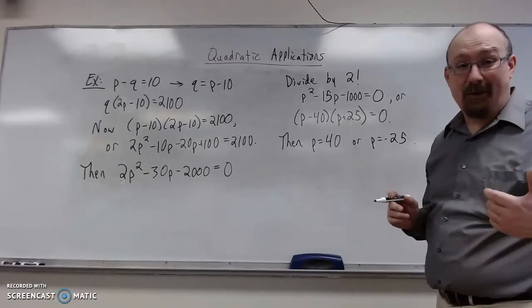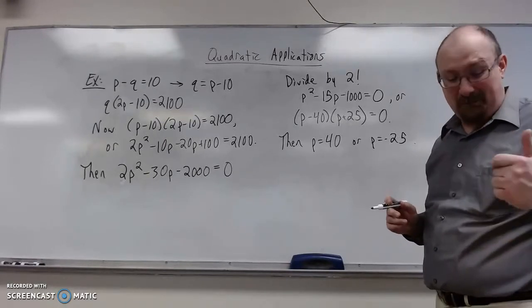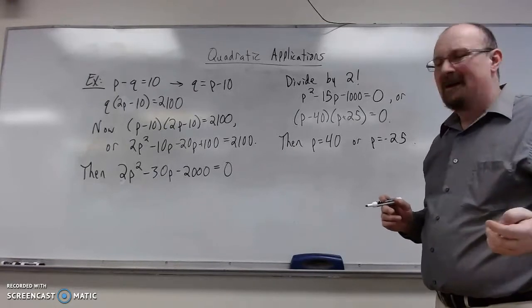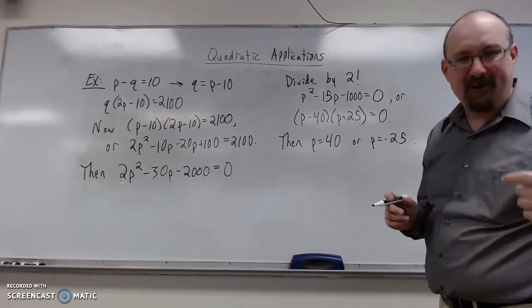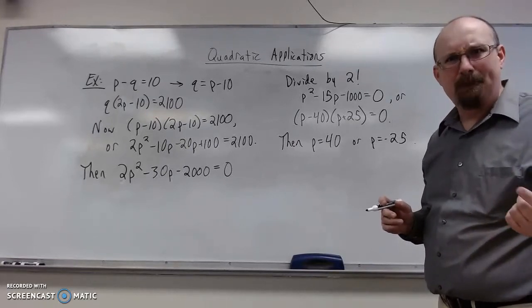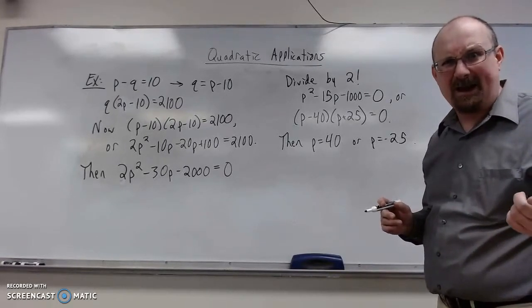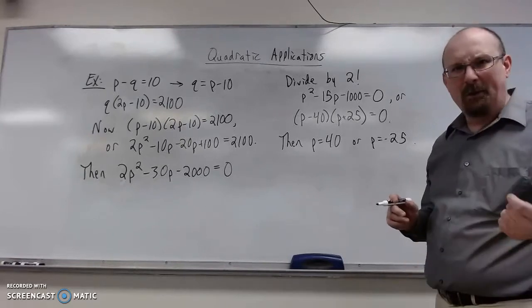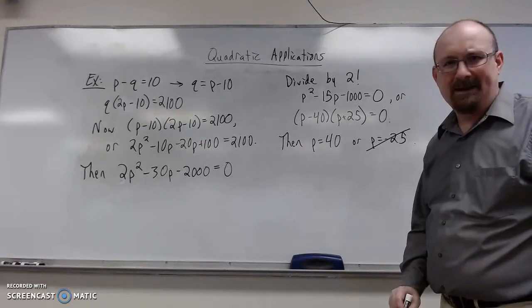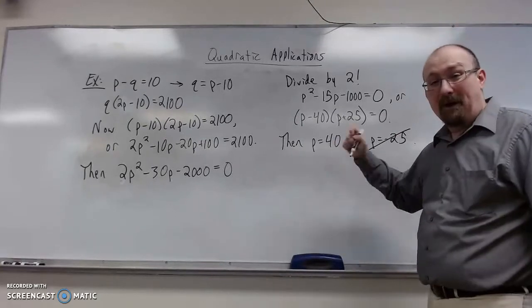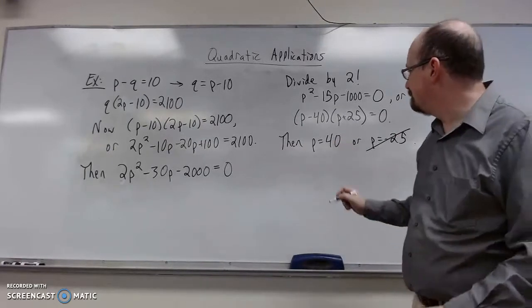So if you look back at the directions for this particular problem, it specifically points out that we focus only on non-negative values. Yeah, it allows them to be 0. Again, not terribly likely in an actual market situation, but we don't want a negative price or a negative quantity. So that one's goofy. We throw it out. So our equilibrium price is 40.